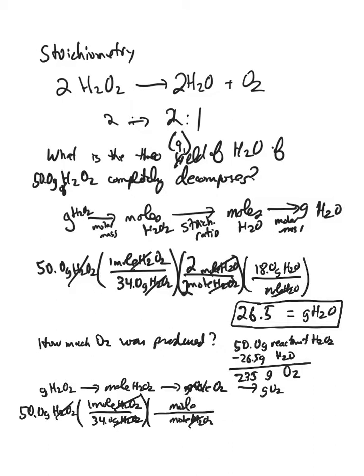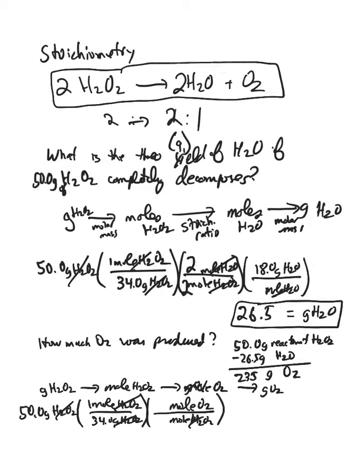I want moles of oxygen this time around. And so this is going to be my stoichiometric ratio. So go back to my balanced chemical equation up top. It says that 2 moles of H2O2 reacts to produce 2 moles of H2O and 1 mole of oxygen. So it's 1 mole O2 to 2 moles of H2O2.